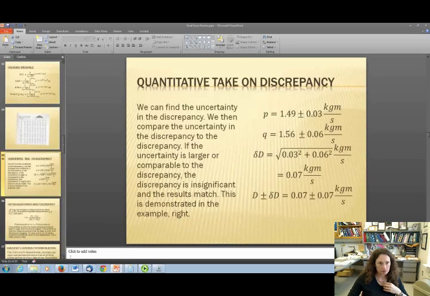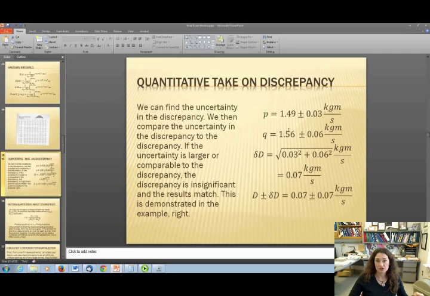Okay. We also discussed something called discrepancy. So if you have two measured values and you want to figure out whether or not the difference between those two measured values is significant or not, then you discuss the discrepancy. So let's say that we've looked at two values, P and Q, and we want to know if they're the same or not. So one way to look is to see if the values overlap within their uncertainties, or to look at the discrepancy.